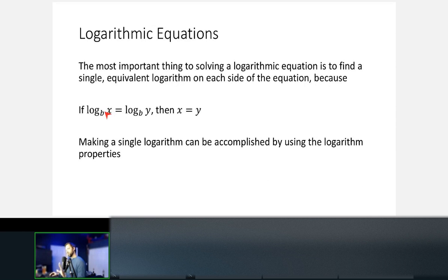But we're still going to use this to solve the problems that I have on the next few pages. So our goal when we solve these equations is to have a log on one side equals a log on the other. And we want this base b to be the same, of course, which they will be.